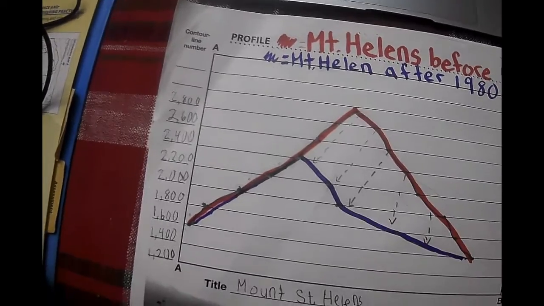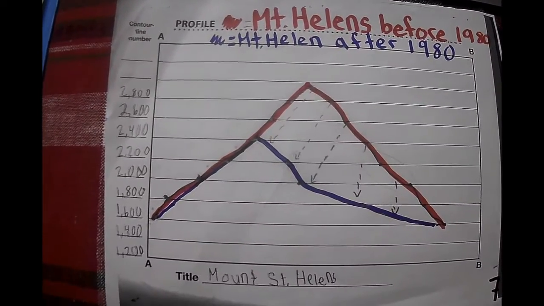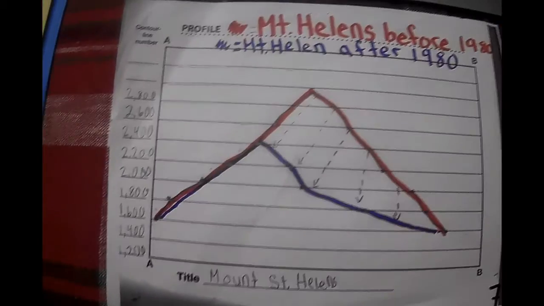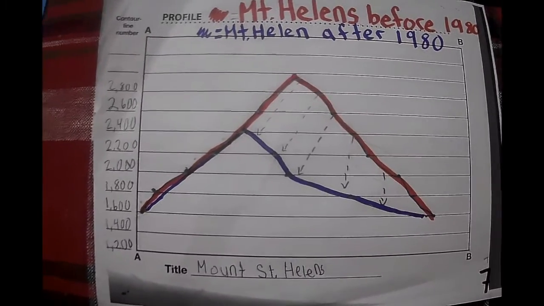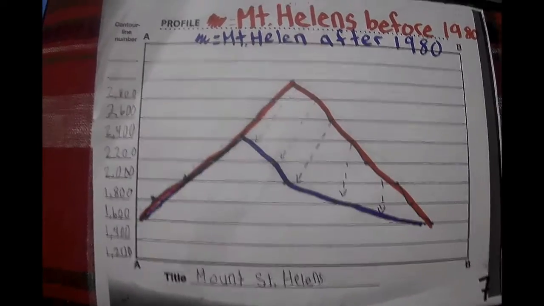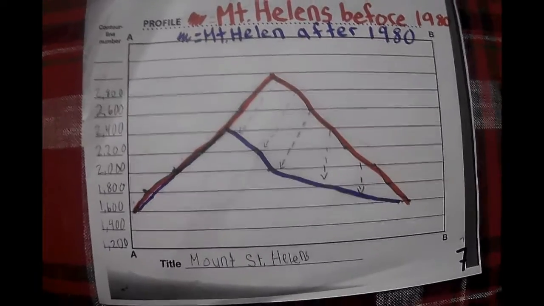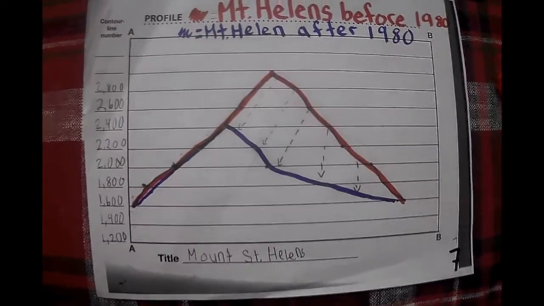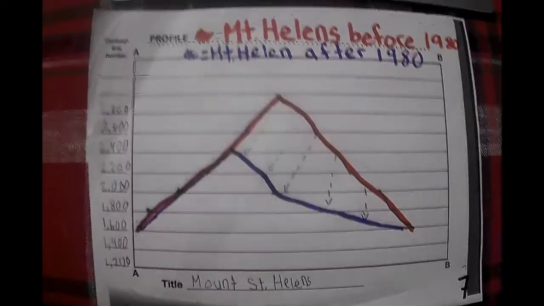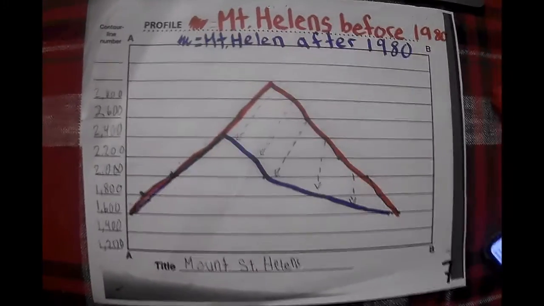The eruption of Mount St. Helens on the morning of May 18, 1980, happened right after an earthquake. The earthquake had caused a lot of the rock plates that are underground to shake. The shaking of those plates caused the rock material that made Mount St. Helens to begin to break off.